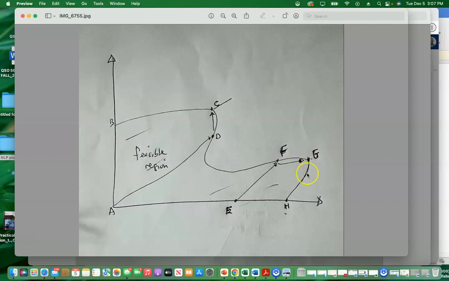It will not move to point H because this is less than point G, and so it will terminate at this point, and this could be the best possible solution as compared to point C. And so we have one local optimal solution at point C, and we have another one at point G. Point G is also the global optimal solution.